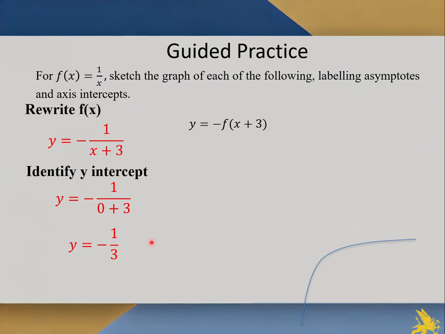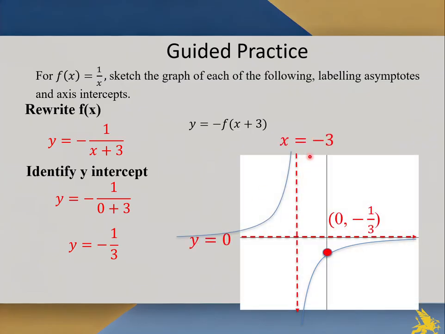Because there's no horizontal shift, the x-intercept will be none because I will have y equals 0 as an asymptote. So now I just put those points on. I've got my point here for this line, and I've got my two asymptotes.